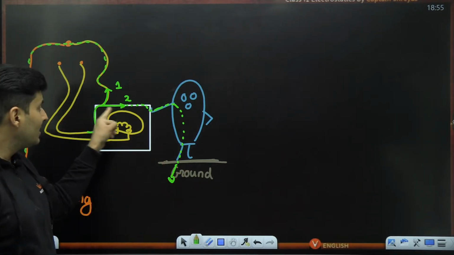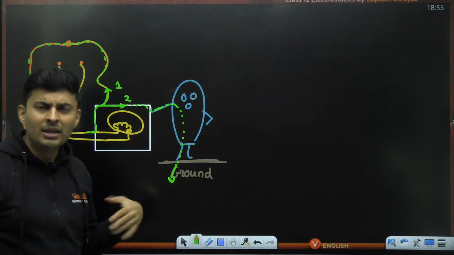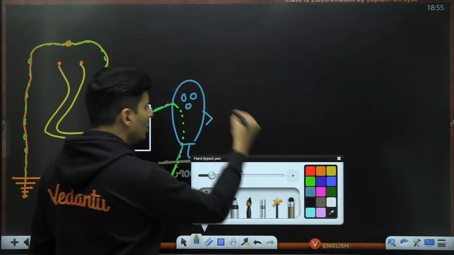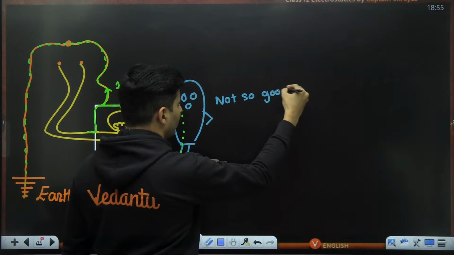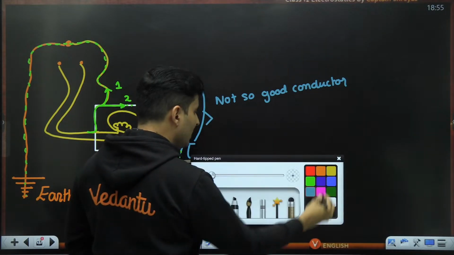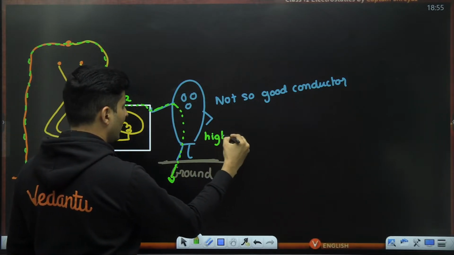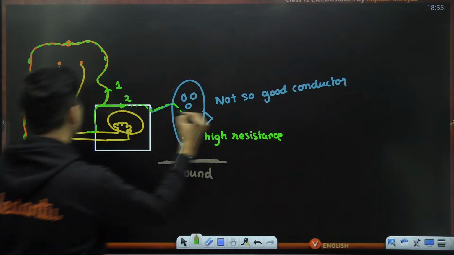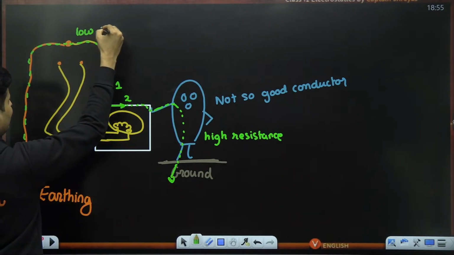No. This path is of high resistance because Pandu is not a good conductor. Human body is not that great a conductor. So Pandu being not so good a conductor, this path is of high resistance. This path made of conductor is very, very low resistance.